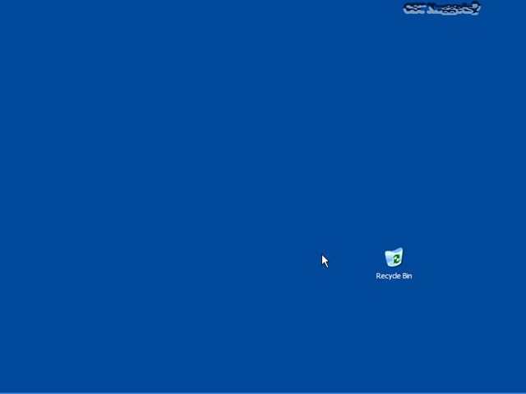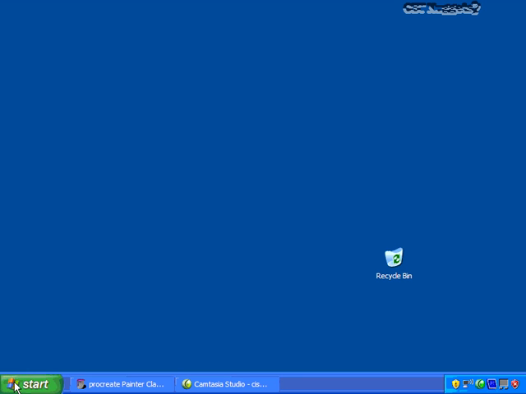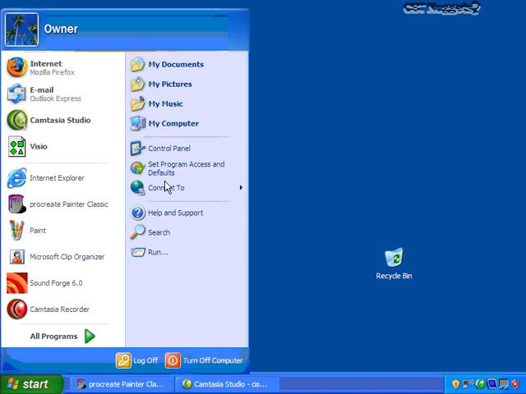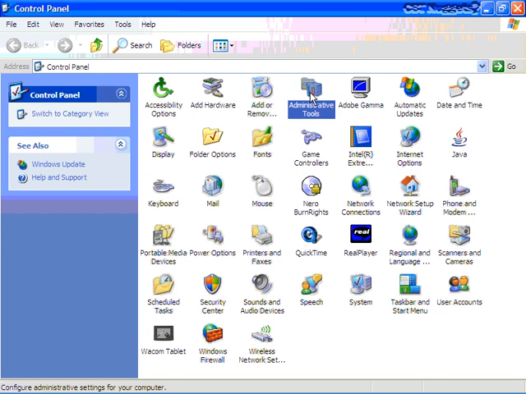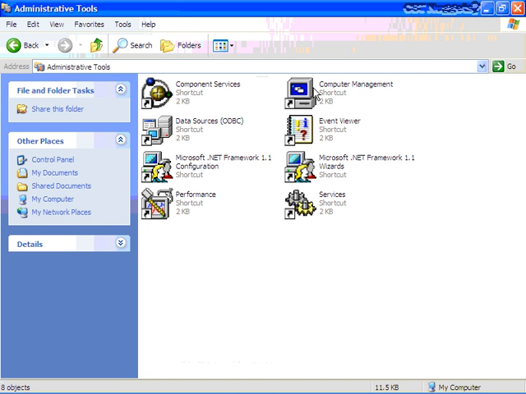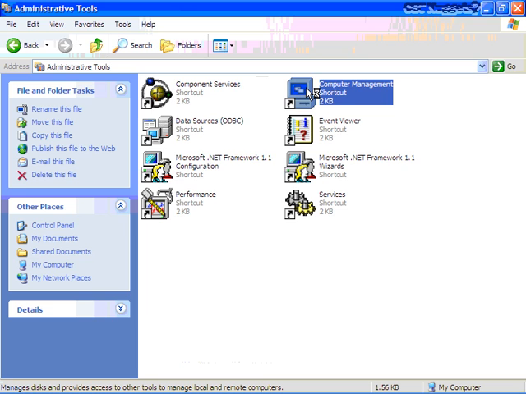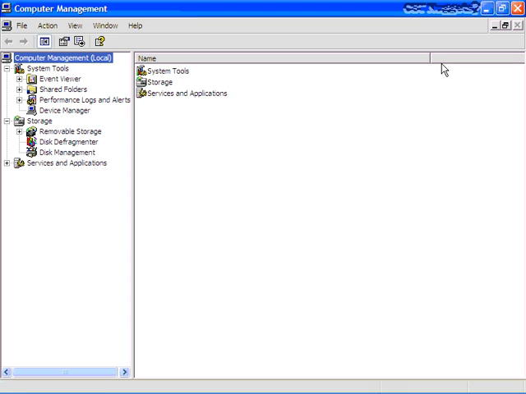For example, Windows XP on the end user side or Windows 2000 and 2003 server have a bunch of tools already built in. For example, if I go to the Start menu, go to the control panel and go to administrative tools, I'm going to see computer management. And one of the areas that you want to go to and be aware of that your company is using as an auditor is just the tools that are built in.